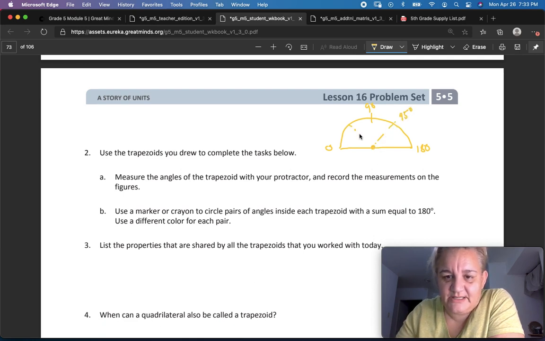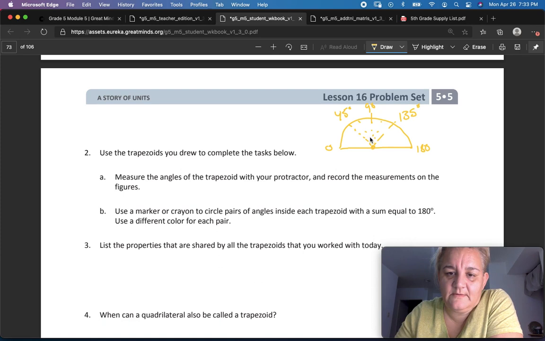And this is halfway between 90 and 180, so that would be, hang on, 135 degrees. Okay? And then you'll have everything in between.